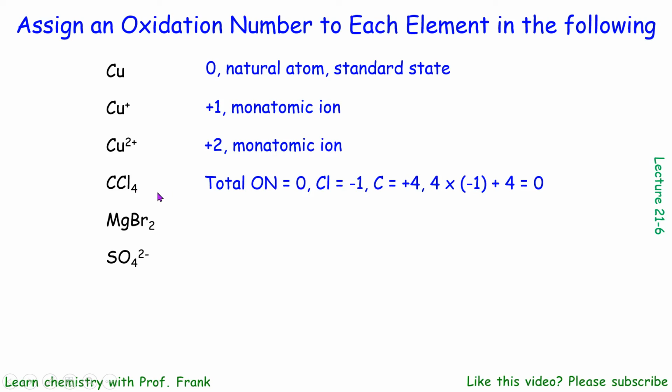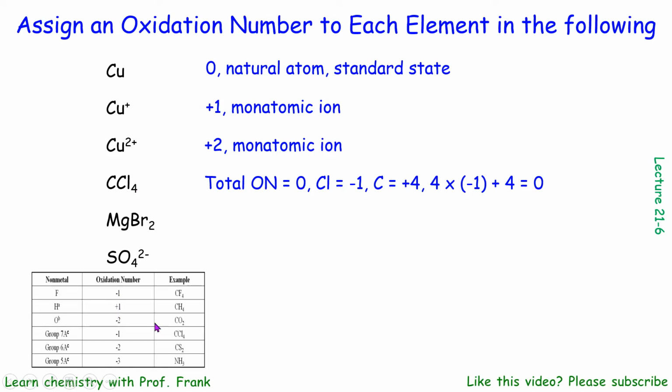From what we learned previously, chlorine in this case should be -1, group 7A, -1. And there are 4 chlorine, that should be total of -4, and then that gives carbon positive 4. Positive 4 from carbon plus -4 from the 4 chlorine gives 0.